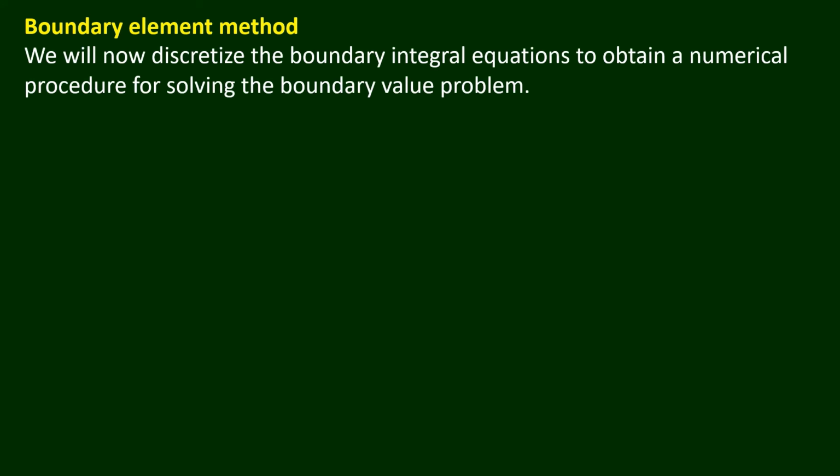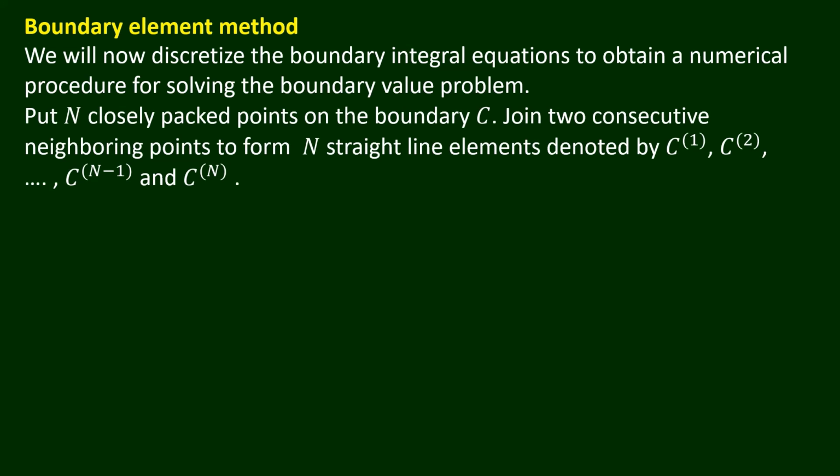We will now discretize the boundary integral equations to obtain a numerical procedure for solving the boundary value problem. Put N closely packed points on the boundary C. Join two consecutive neighboring points to form N straight line elements denoted by C1, C2, and so on until C_{N−1} and C_N.